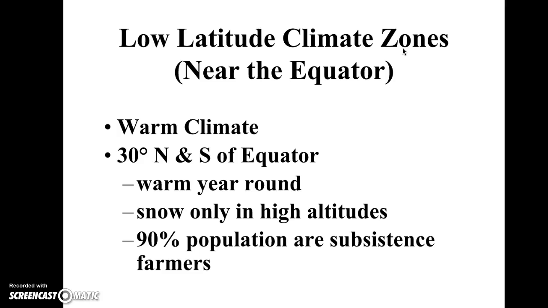Most of the people in this climate zone can't do anything for a living except subsistence farming. There are a lot of factors that go into that, but mostly it's because of the intense heat and the incredible population centers that are here. You don't find a lot of people in these climate zones that do anything other than subsistence farming because the land just isn't very productive.